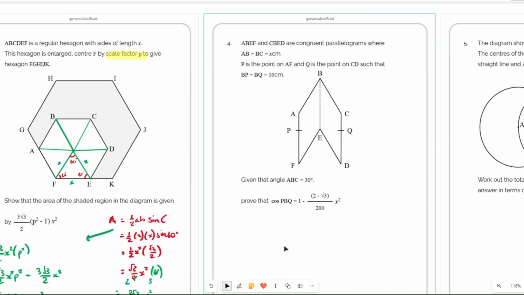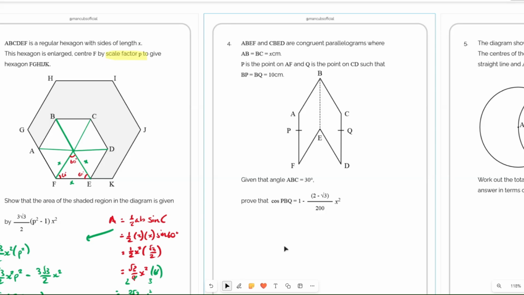This is another famous question. ABEF and CBED are congruent parallelograms, where AB equals BC, which equals x centimeters. P is the point on AF, and Q is the point on CD, such that BP and BQ equal 10 centimeters.